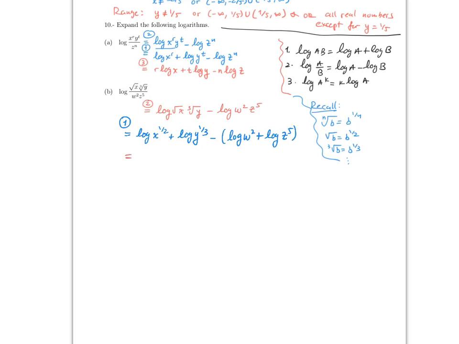Then by property number 3, this is 1/2 log of x plus 1/3 log of y minus, you need to distribute the minus sign, 2 log of w, then minus 5 log of z. And that's it.